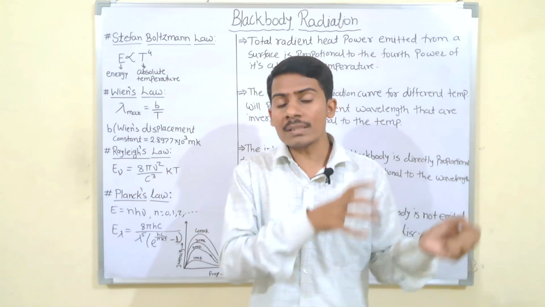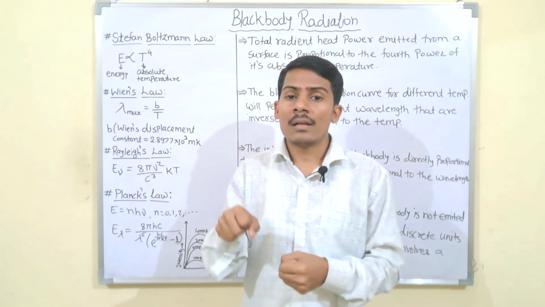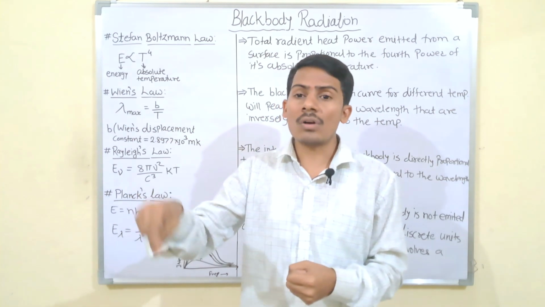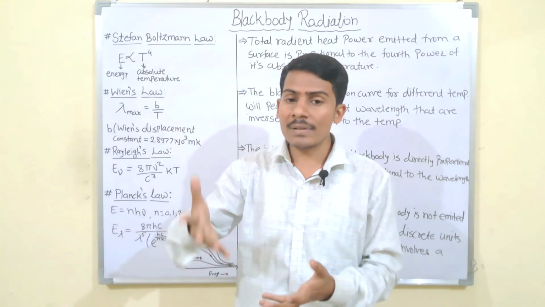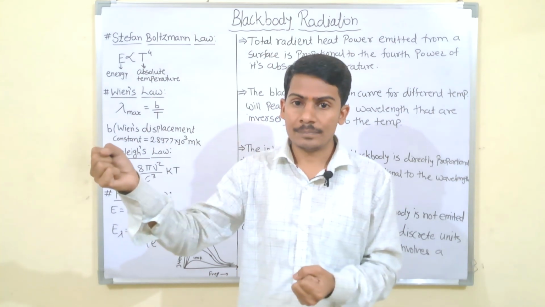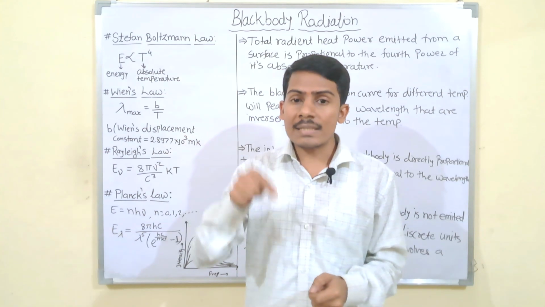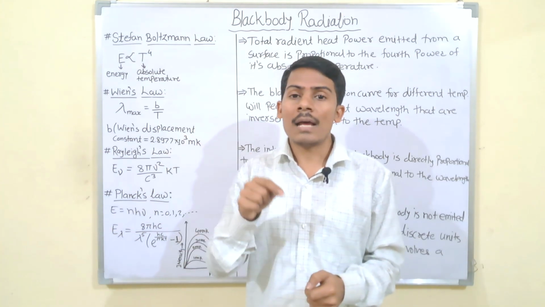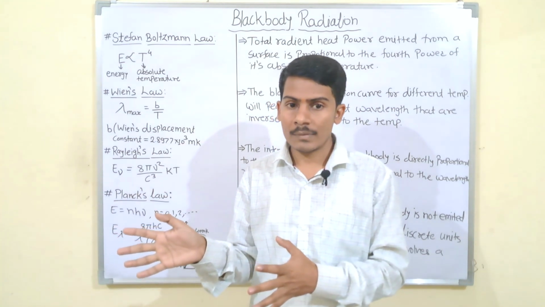Means how much radiation was absorbed by that body, that much amount of radiation will be emitted from that object. Therefore we call it the perfect absorber as well as the perfect emitter.